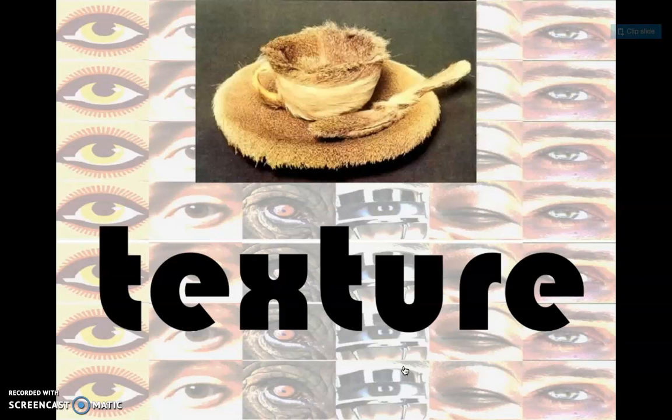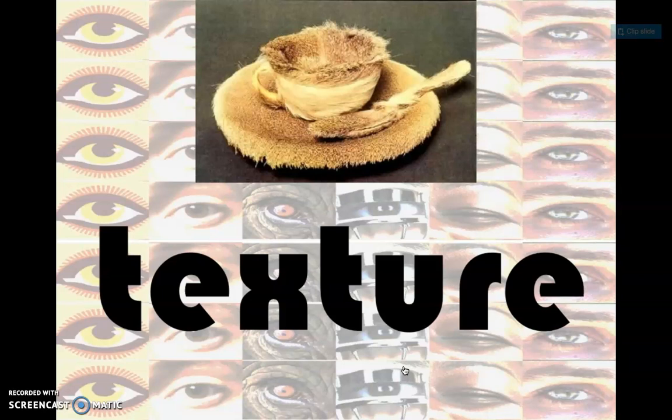Some terms for texture. We have two categories, two groups. One is 3D, which is the actual texture that you can touch and feel, right? And then there's the visual, 2D, more like patterns that are used to make you believe that texture is there when actually whatever you touch is flat.